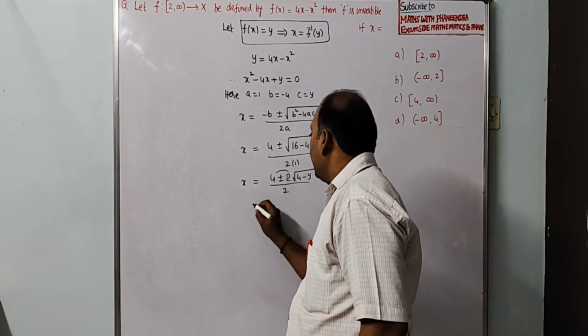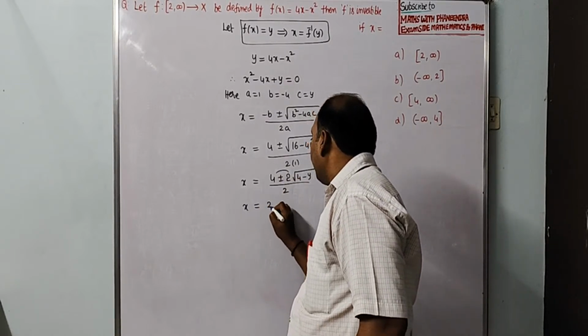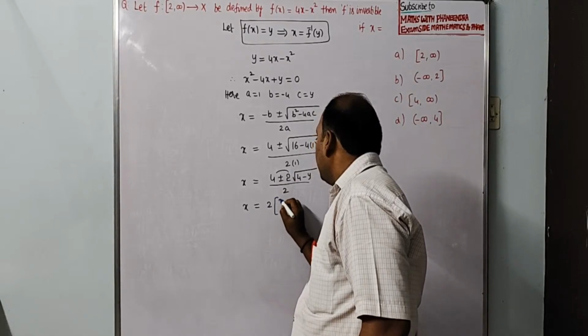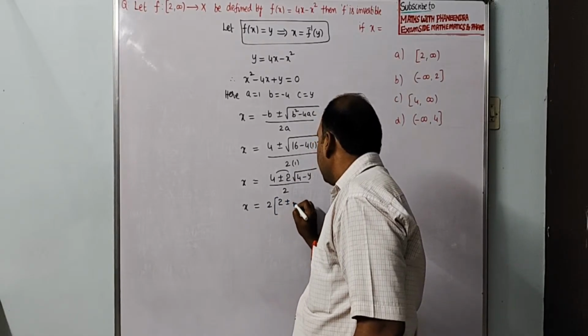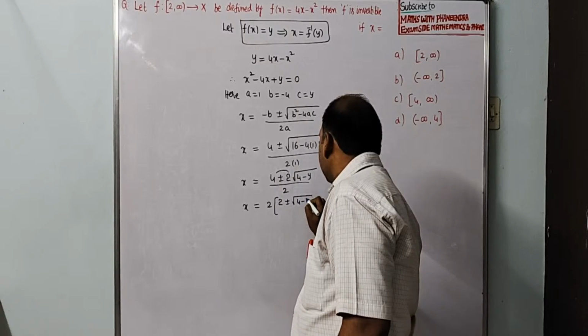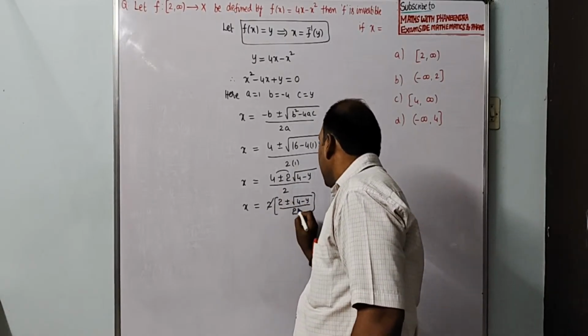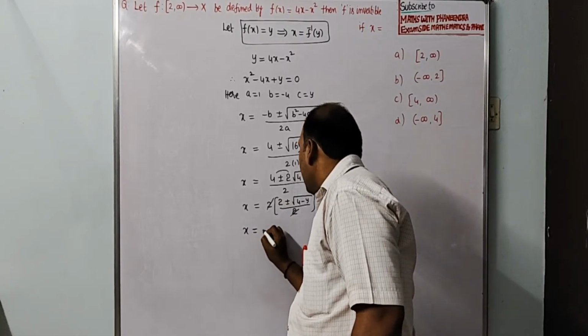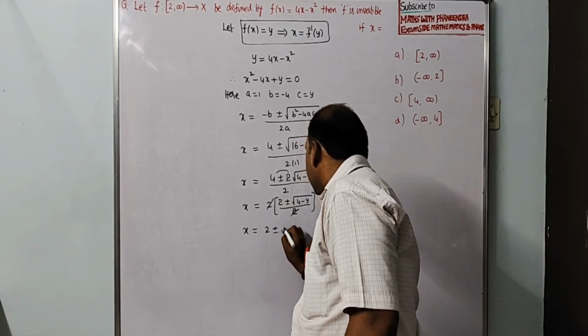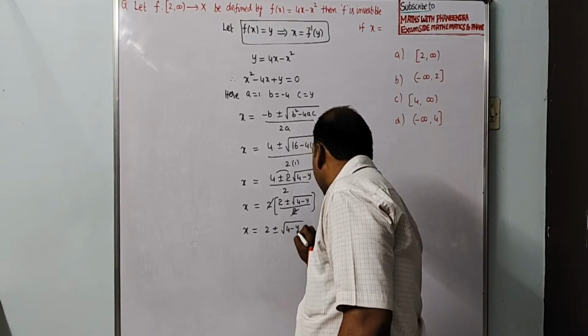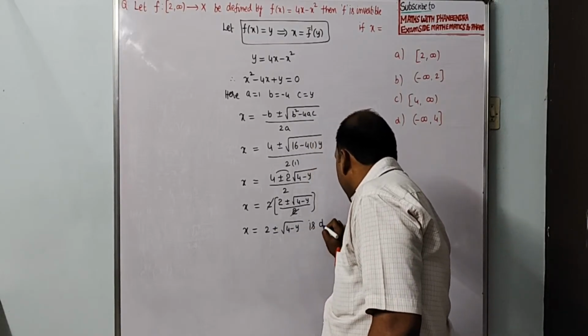Taking 2 common and cancelling, x is equal to 2 plus or minus root 4 minus y.